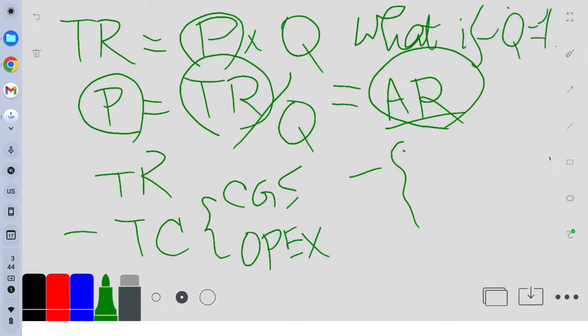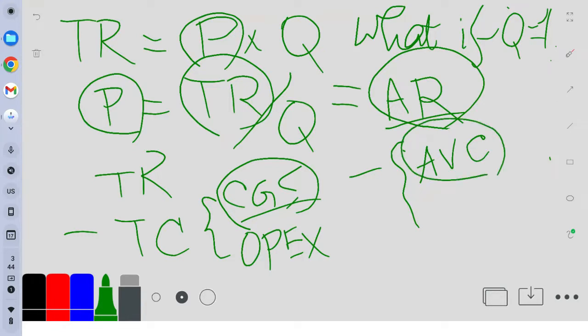What if quantity is just one? So of course, then we'll need to subtract CGS, but the CGS per unit is called AVC, average variable cost, which in another name is production cost per unit, right? Production cost per unit.